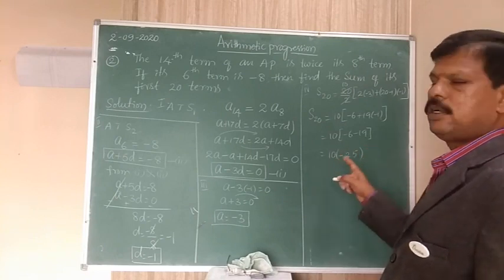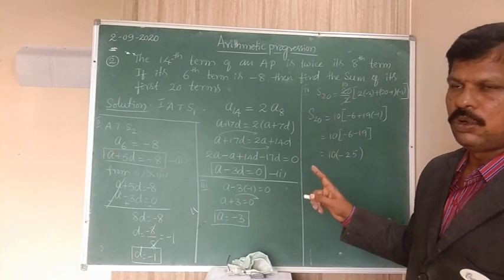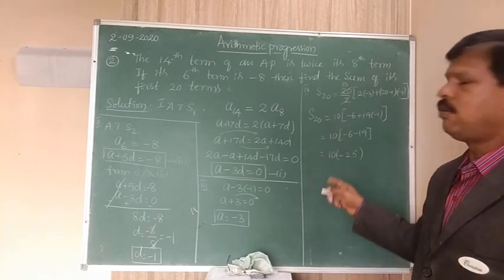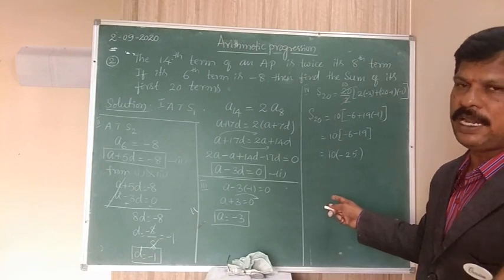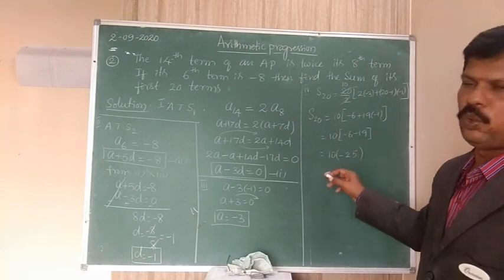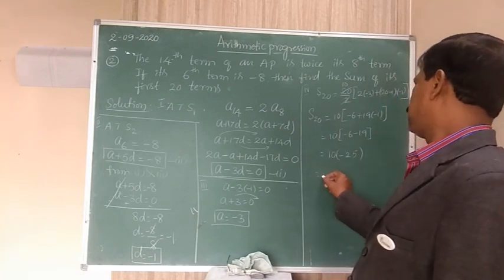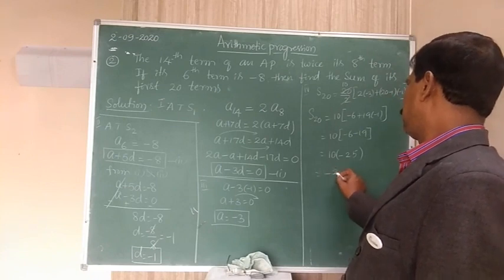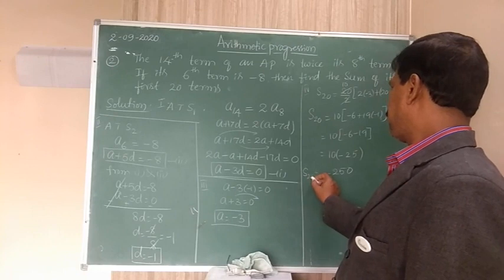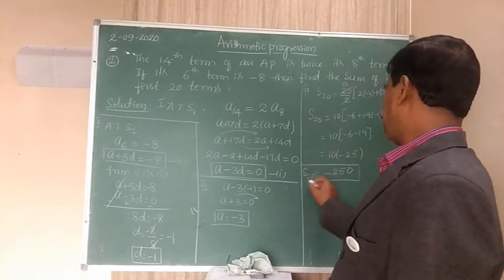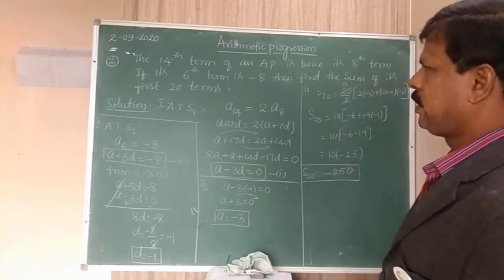Don't forget to put the bracket, otherwise it becomes 10 minus 25, then you will get minus 15 as the answer, but this is into. So plus into minus is minus, 25 tens are 250. So the sum of the first 20 terms of the AP is 250.